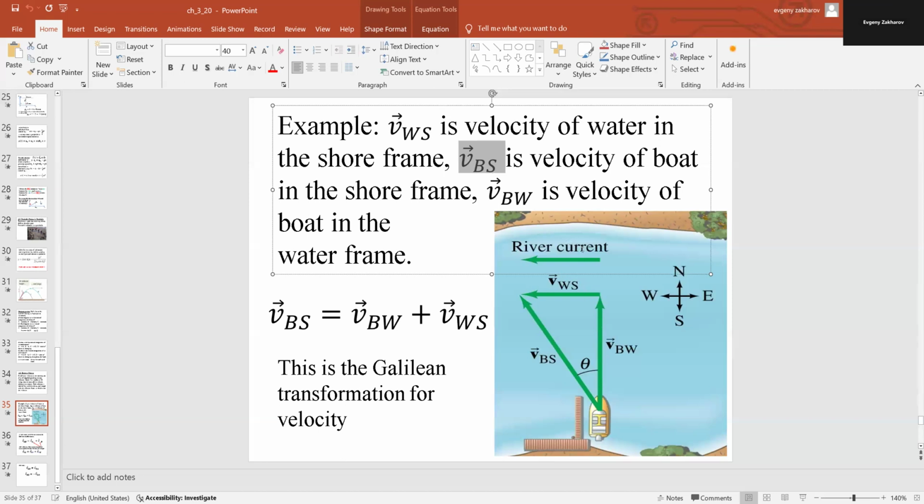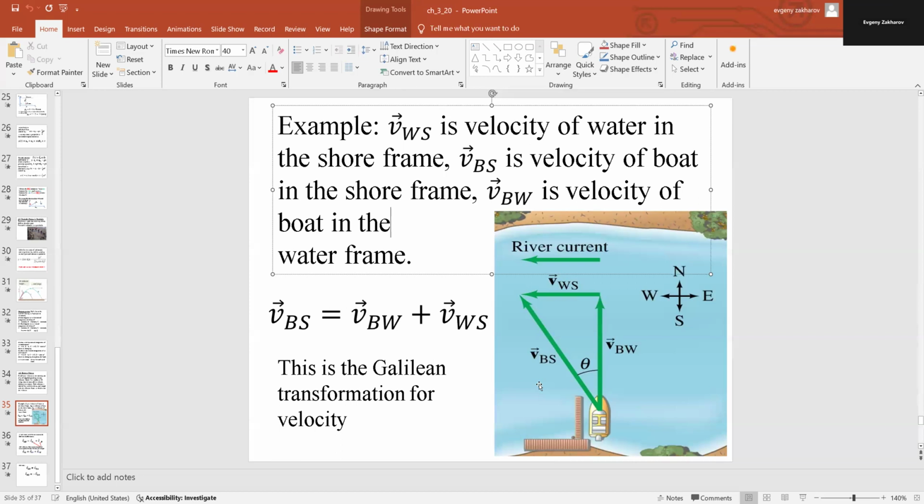And the last option is boat with respect to water. So what you see on the diagram is a vector sum of two vectors that produces the actual sum. And that is how you can calculate motion with two different reference frames.